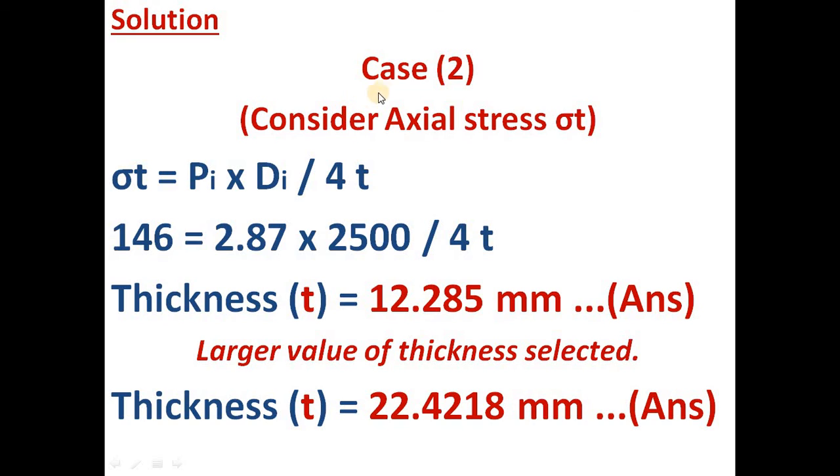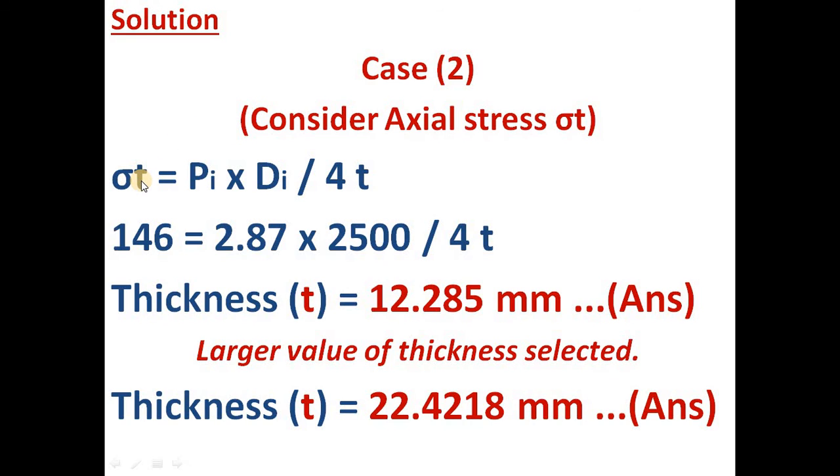Then, considering axial stress or longitudinal stress, we find the thickness. In this case, the relation is something different. Sigma T is equal to Pi into Di divided by 4T. Not 2T, it is 4T.